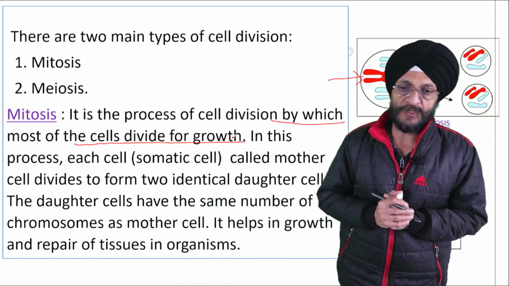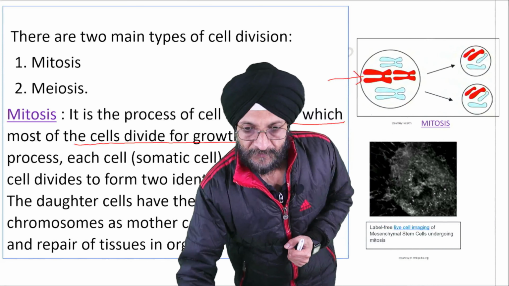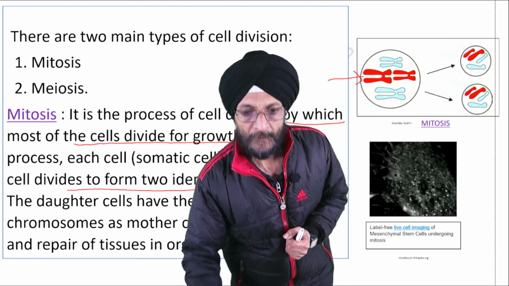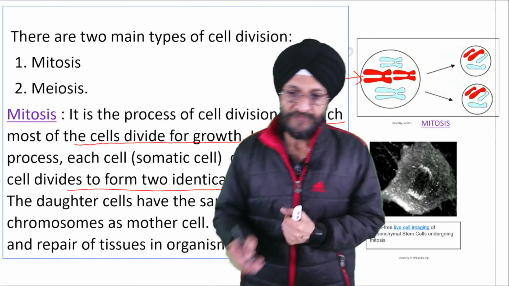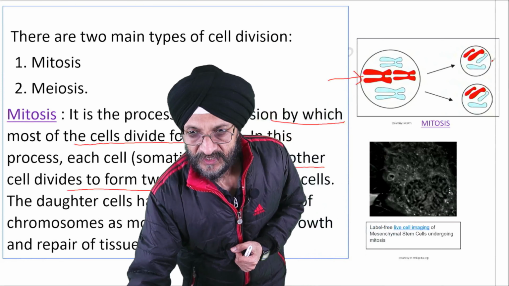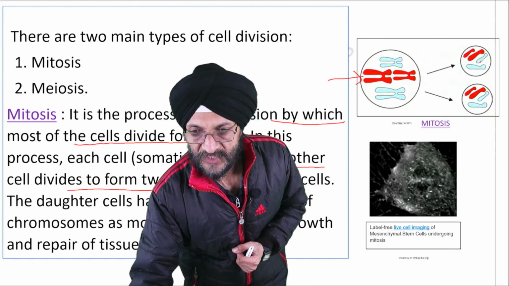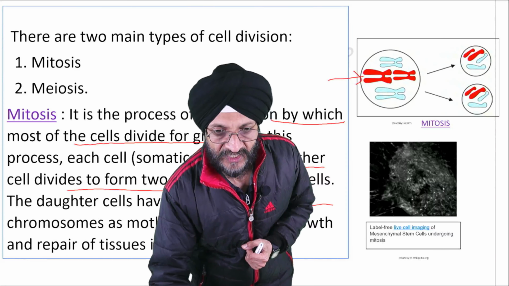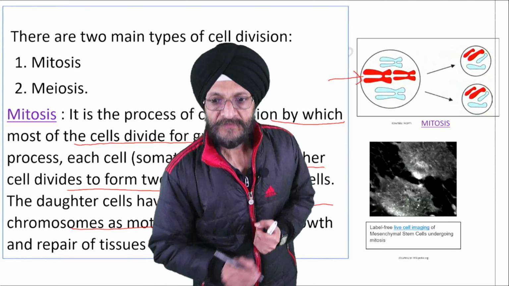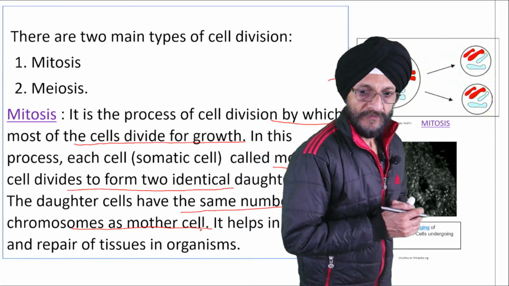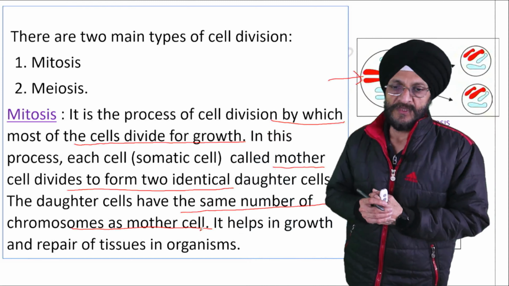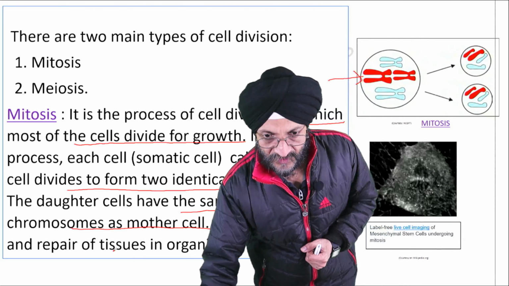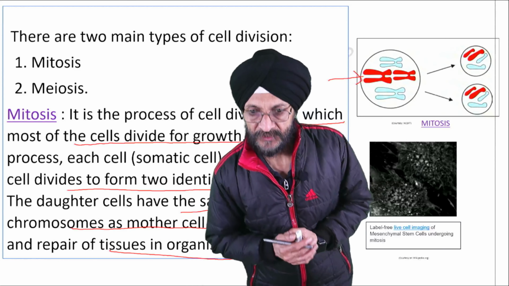In the process of mitosis, each cell called the mother cell divides to form two identical daughter cells. The daughter cells have the same number of chromosomes as the mother cell. Mitosis helps in the growth and repair of tissues in organisms.